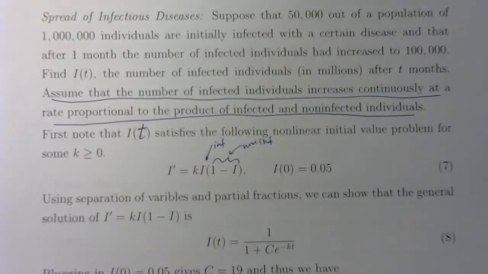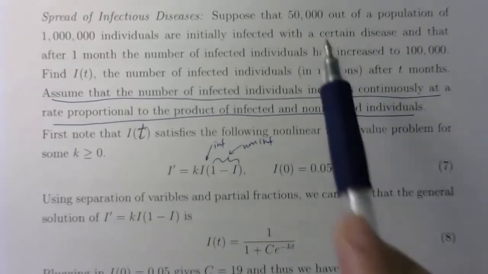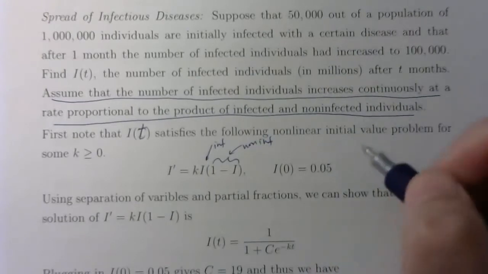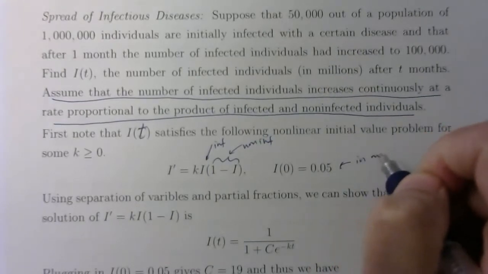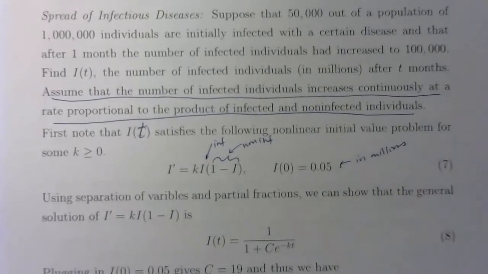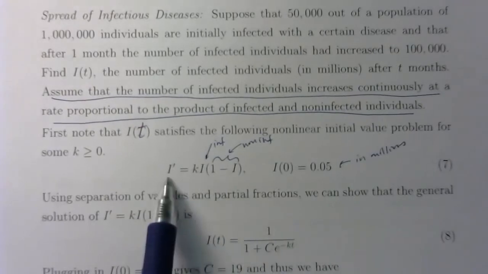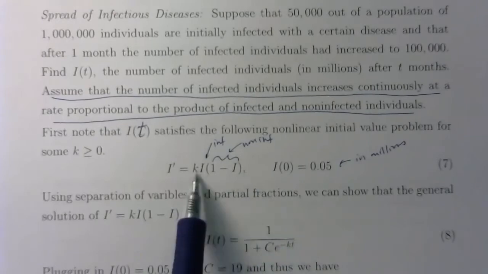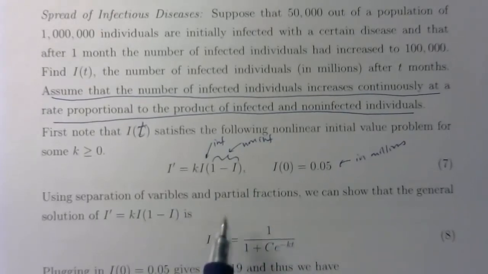And let's consider an initial condition, or the initial condition of 50,000. Now if I'm writing it in millions, I have to divide by 10 to the 6, so I get 0.05, right? This is in millions. Great. So if I want to use separation of variables, this is clearly separable, right? I can write this as I prime divided by I times 1 minus I is equal to K. And then I can split it up with partial fractions.